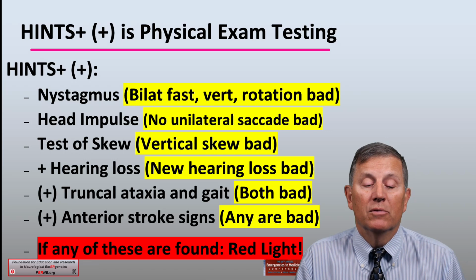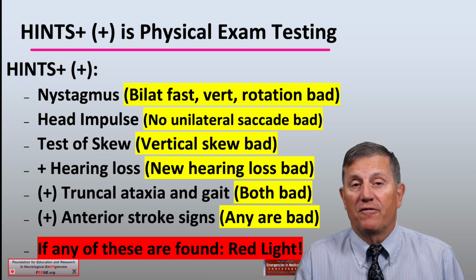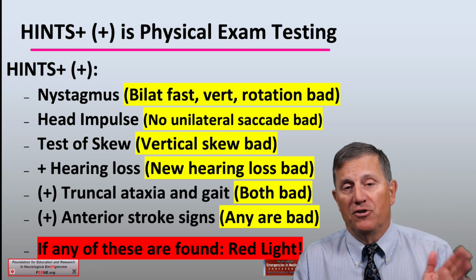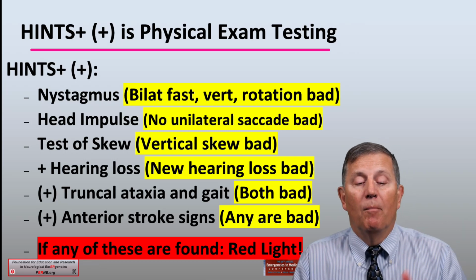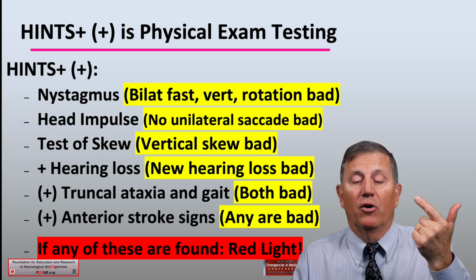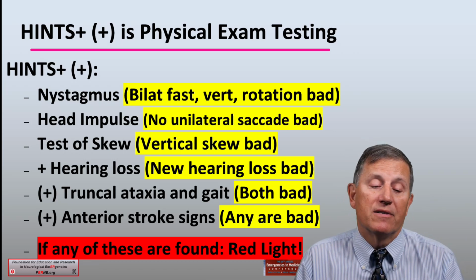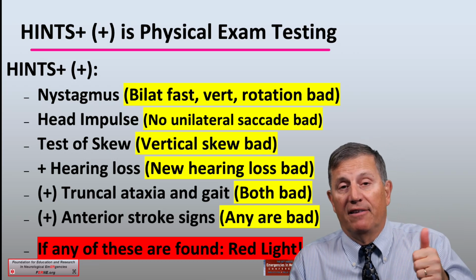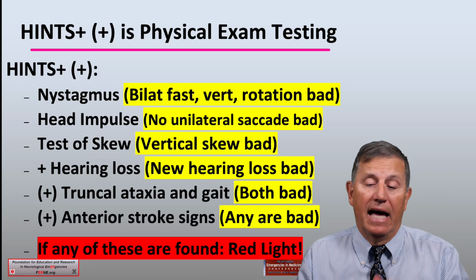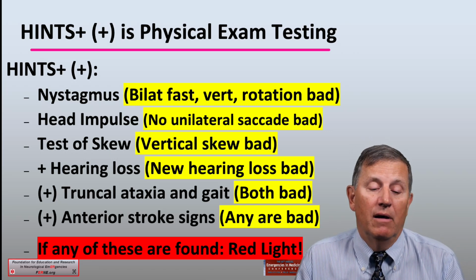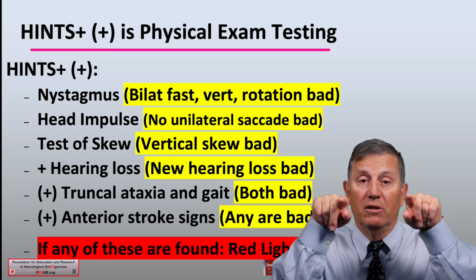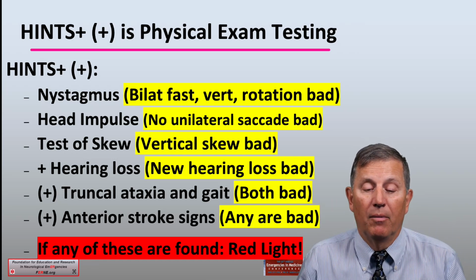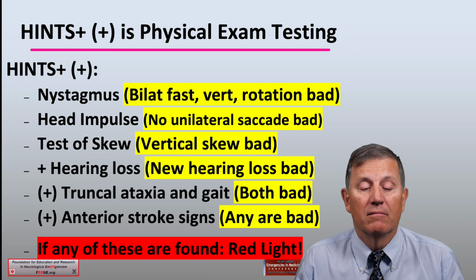So, to reiterate, what are those findings that red light a patient's exam suggesting a central etiology? Bilateral fast component, vertical or rotational nystagmus. A head impulse test with no correcting saccade on either side. A test of skew that has some vertical component correction to get the pupils to line up on the horizontal axis.